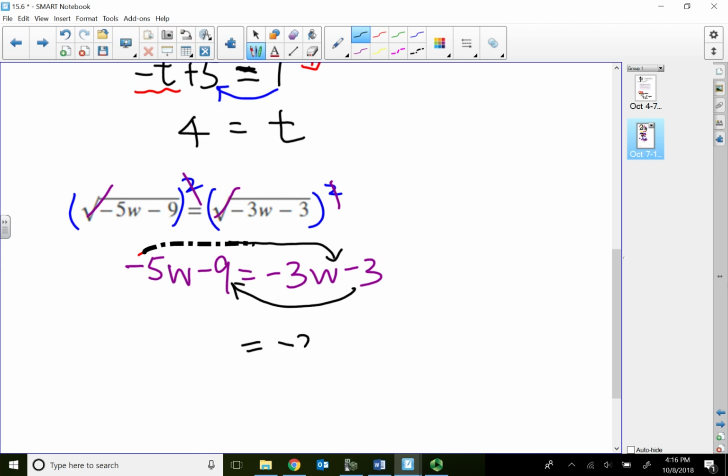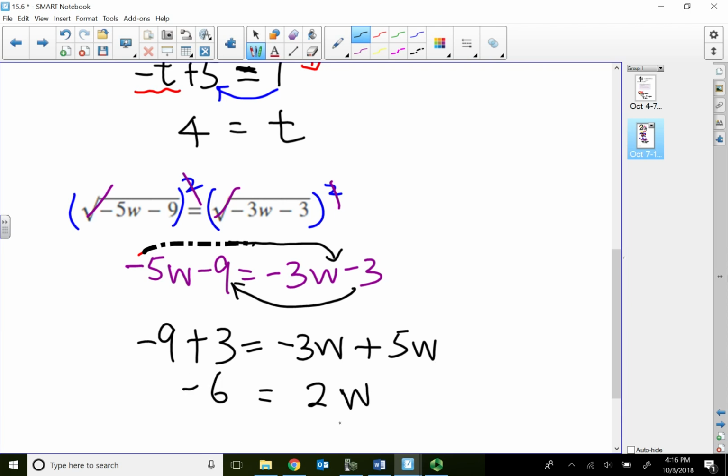On the right side, negative 3w is still the same. When the negative 5w comes over, it becomes positive. On the left side, negative 9 is still negative 9. Negative 3 comes over and becomes positive. So combine like terms again. This is 2w equal to negative 6. Divide both sides by 2. My answer: negative 3.